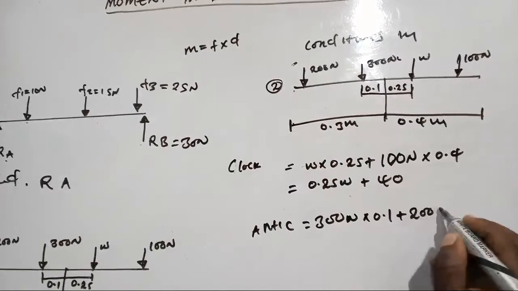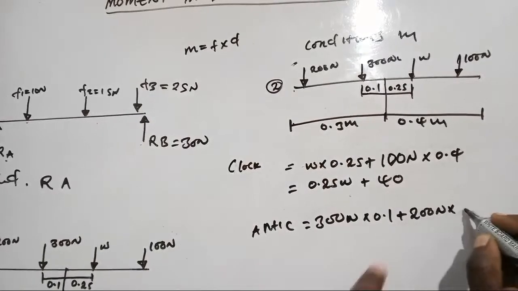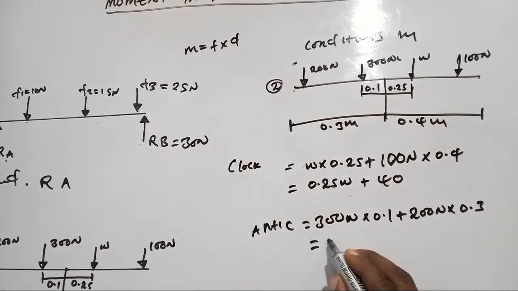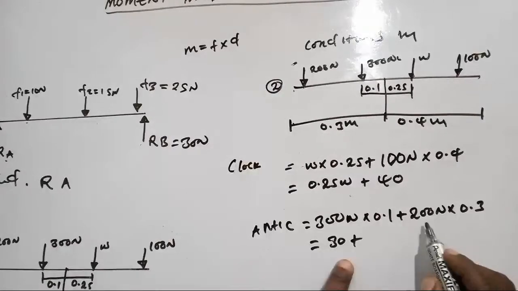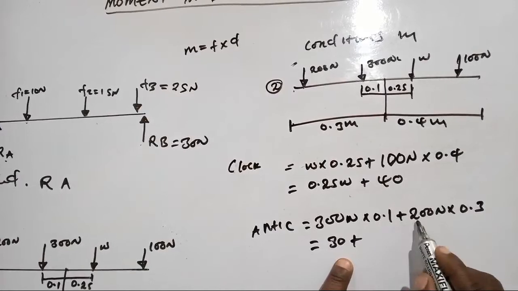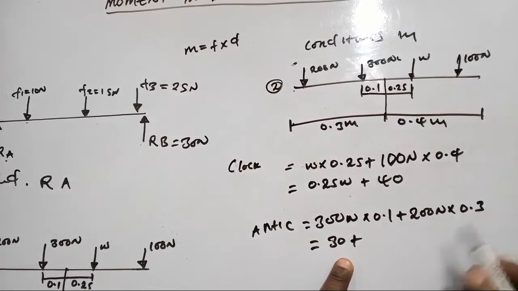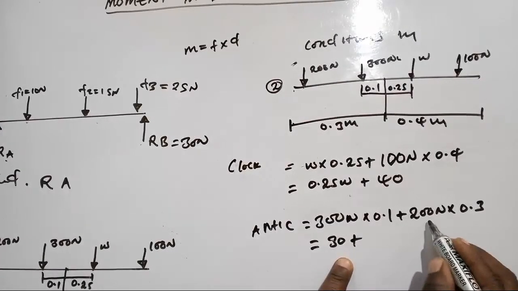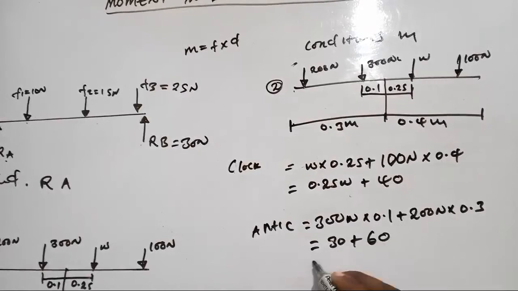So 300 Newton times 0.1 is 30, then plus 200 Newton times 0.3, which is 60. In which it will be 90.